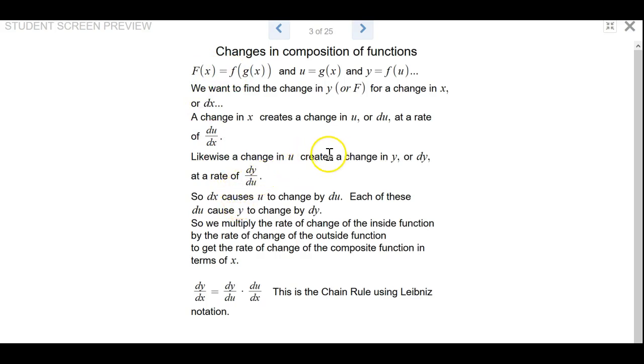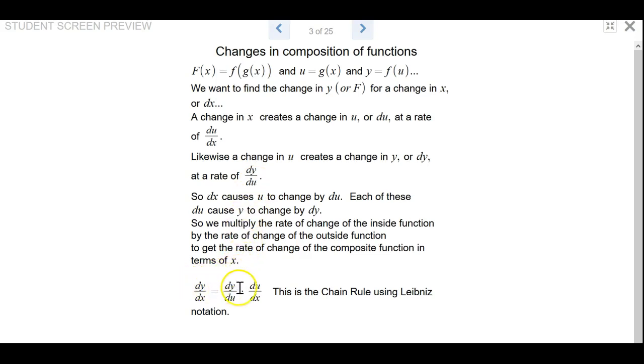But since a change in x creates a change in our inside function by this amount du, and each of those changes in the inside function results in a change in the outside function dy, if we multiply these rates, we're going to get the change in the outside function relative to a change in x.